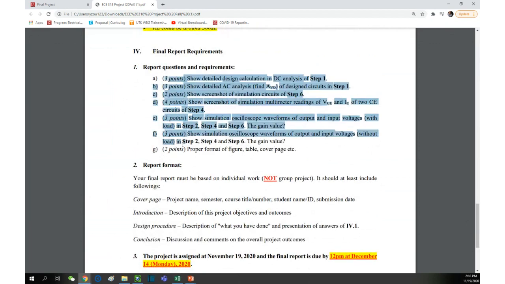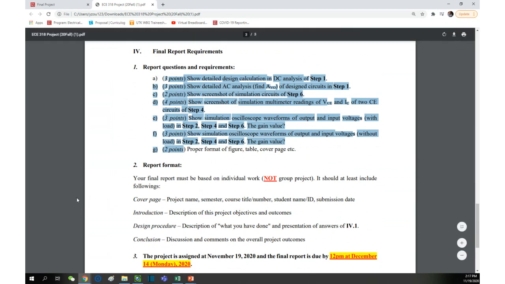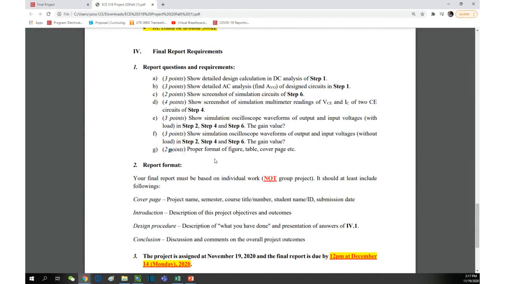So in total, how many points do we have? 20 points, and 20 points. And how much weight does the project carry towards the total final grade? Anyone remember?